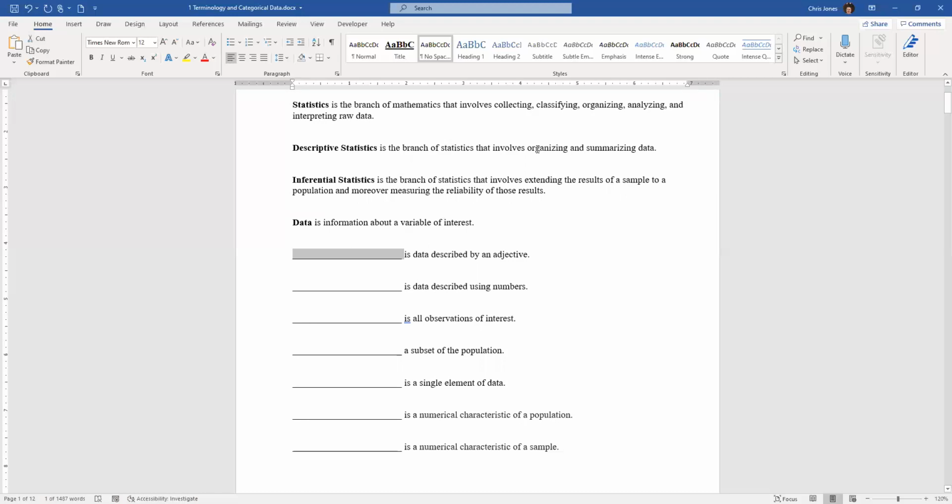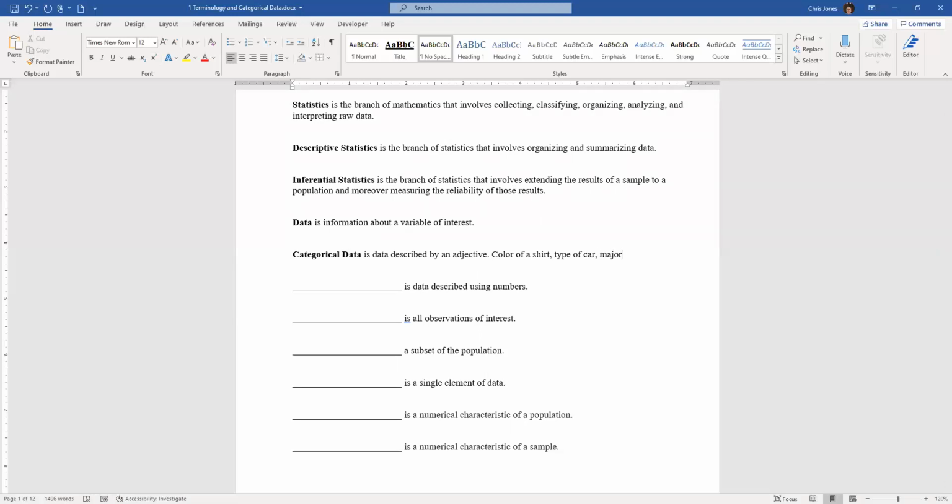Two different types of data that we're going to classify. We have this categorical data. And categorical data is data that can be described by an adjective. So for instance, you might say the color of a shirt, or maybe the type of car, your major.